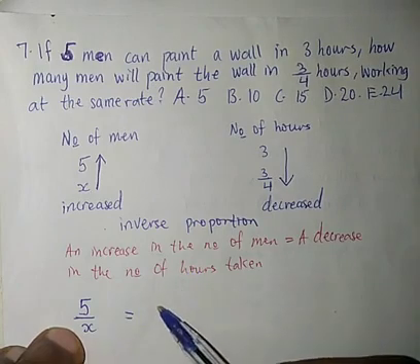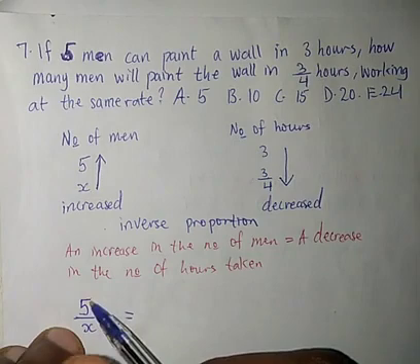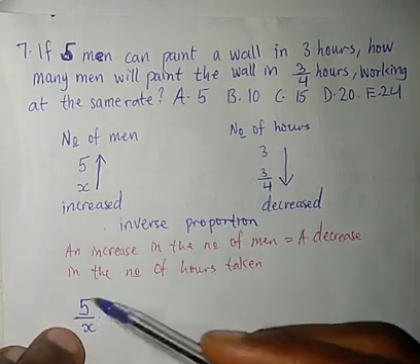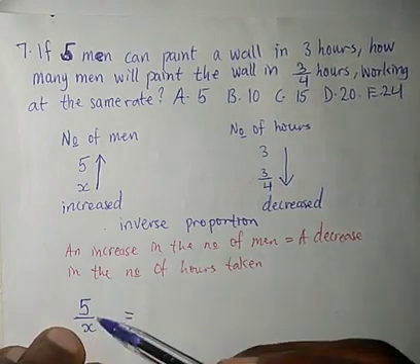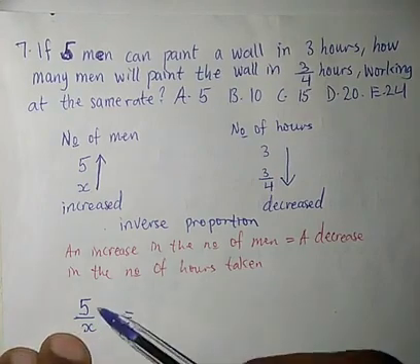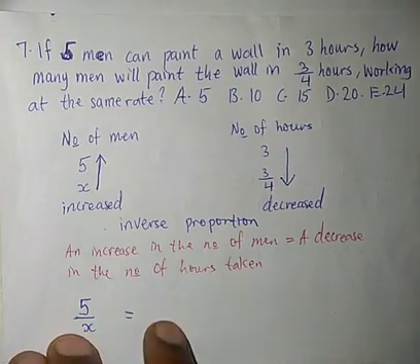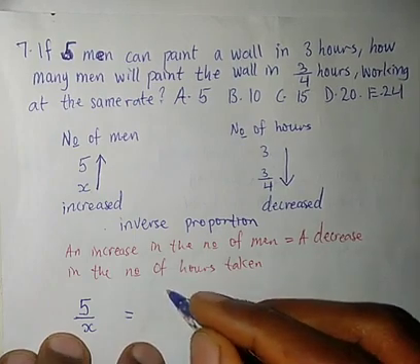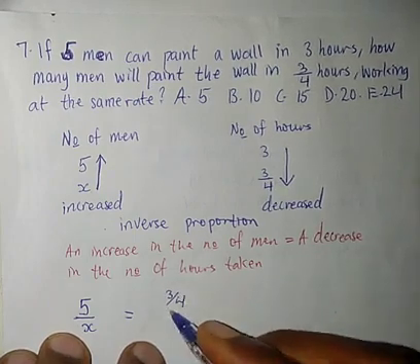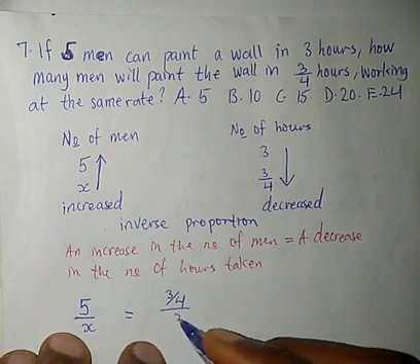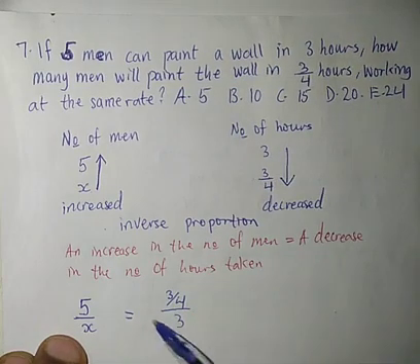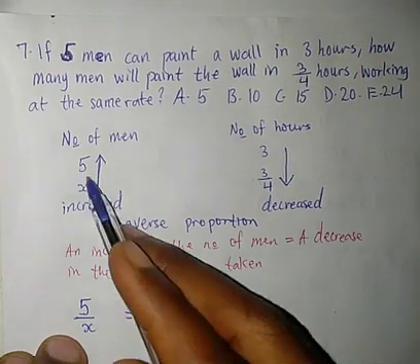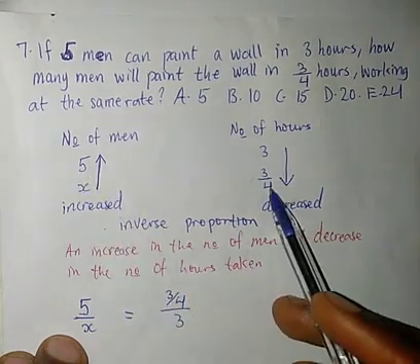Inverse proportion is that as one is increasing, the other one will be decreasing. If you are adding on one side, you have to use the opposite, subtract. If you are dividing on one side, you are going to multiply on the other. So we bring 3/4 up, then over 3, because it's an inverse proportion. 5/x is what we have here, but on the other side, we are going to interchange it.